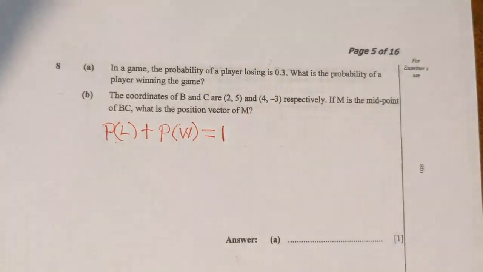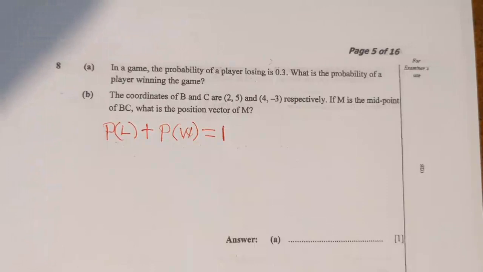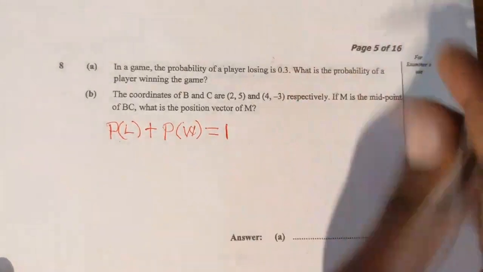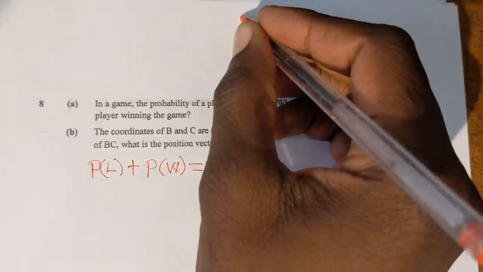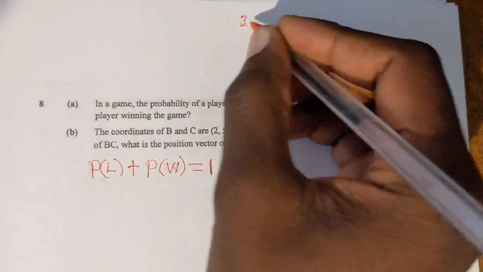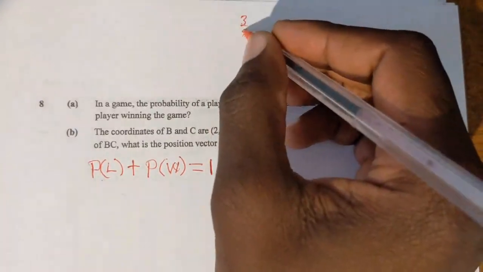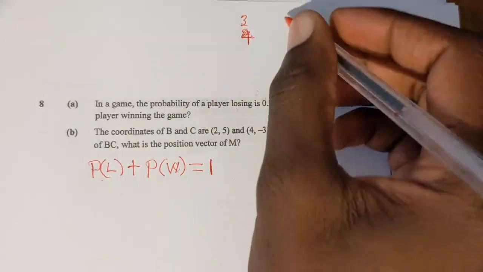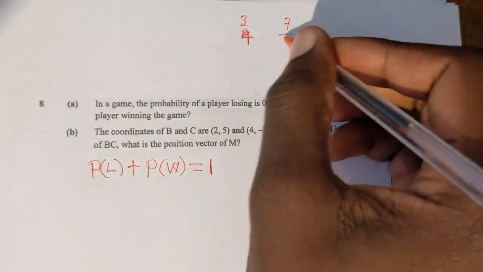When you are adding probabilities, what you need to know is that the probability of any outcome, such as the player winning or losing, is equal to 1. The total probability of an event is 1. So you find probabilities such as 3 over 4, or 7 over 10, like that.